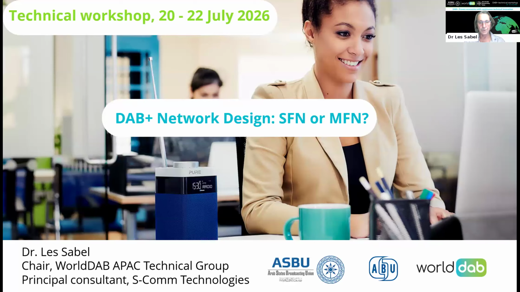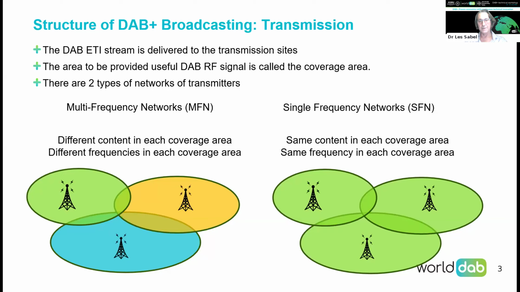For single frequency networks, however, we have the same content in each coverage area and we use the same frequency. And that allows DAB to be very spectrum efficient over wide area networks, which require multiple transmissions. So they're the two types of networks of transmitters.